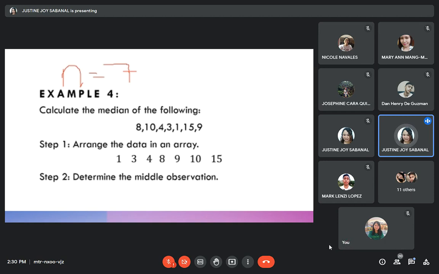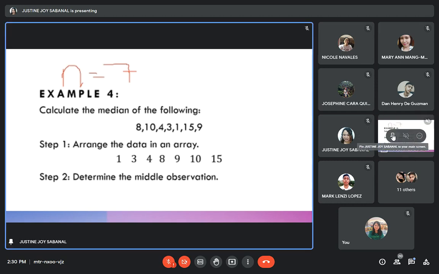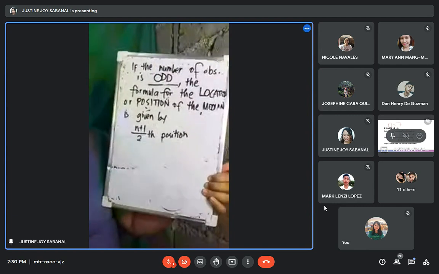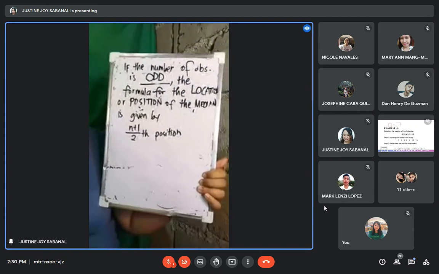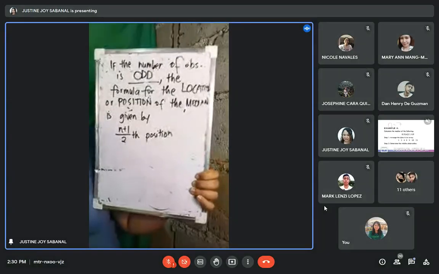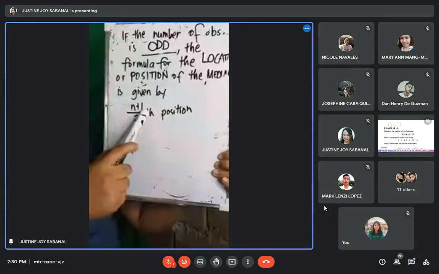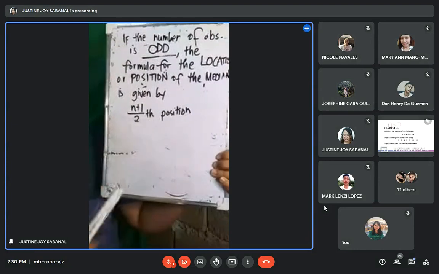This is specified in terms of finding the location of the middle value. So this is what you will do. If the number of observations is odd, the formula for the location or position of the median is given by this: n plus 1 divided by 2.